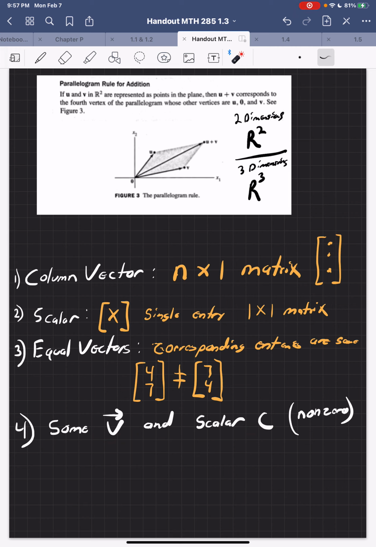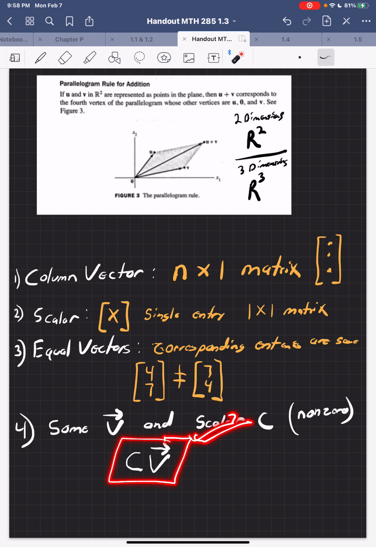So if I give you some non-zero vector and some non-zero scalar, my question to you, which you obviously can't answer, is, geometrically, what does this look like?